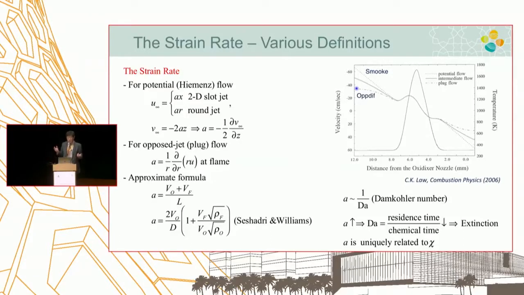So for all practical purposes, people end up not using it, but there's a way of accommodating it. The real flow is expected to be somewhere in between plug flow and Smoke's, and that's what you're going to measure out of your burner experiment.